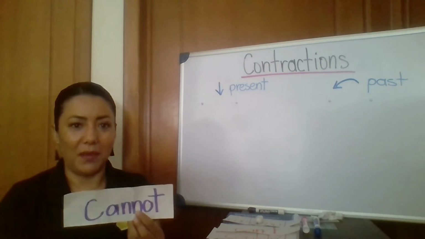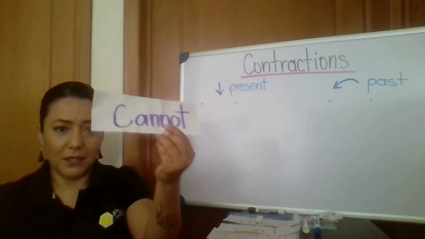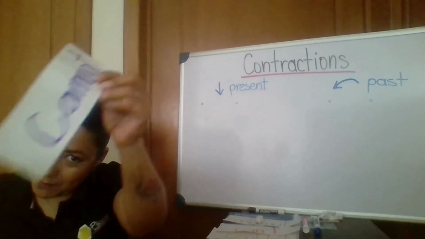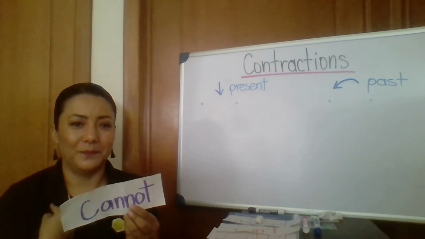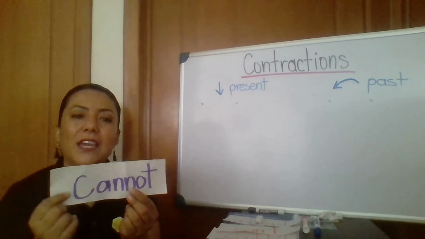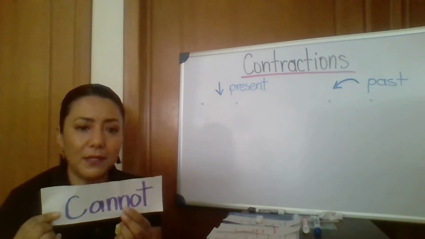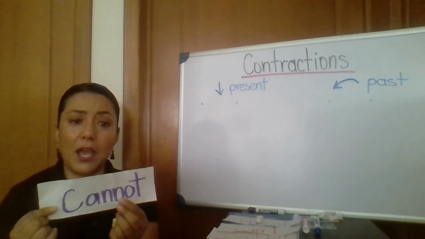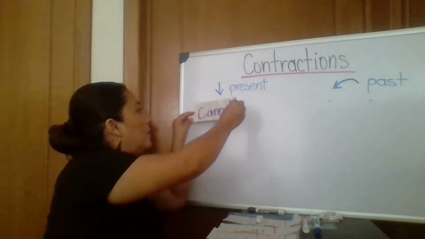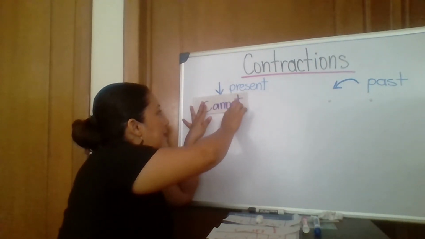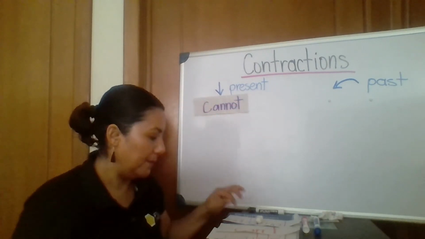Remember, I cannot swim. I mentioned this in class. This is cannot. Cannot means you don't have the ability to do something. I'm going to put it here under my symbol for present.